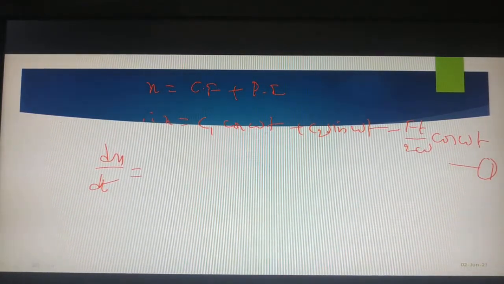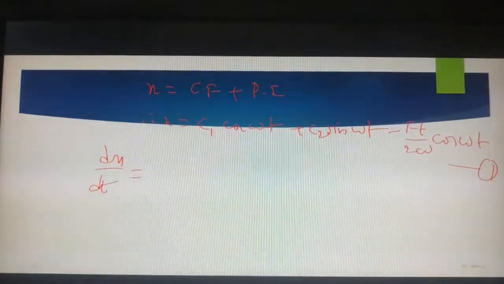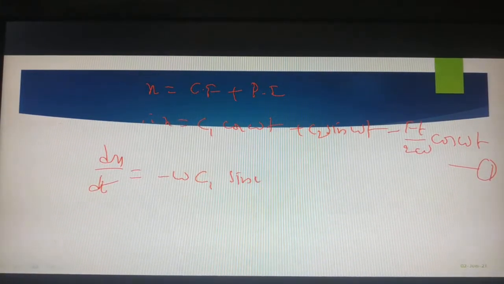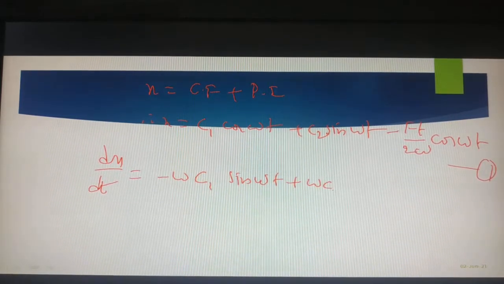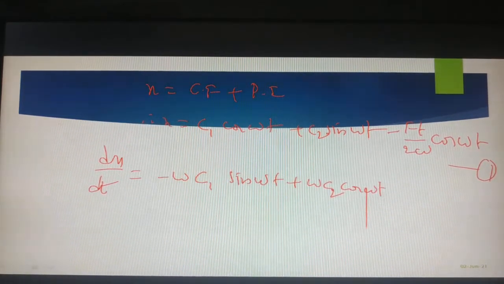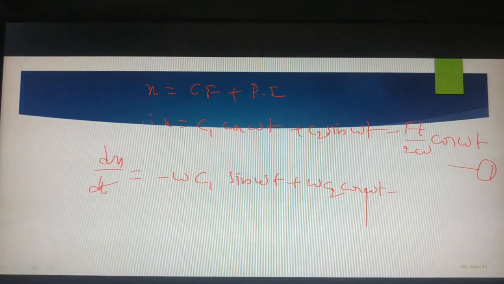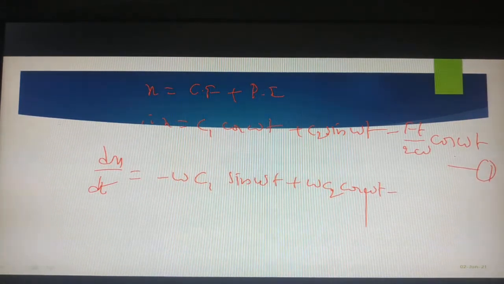So dx by dt: the derivative for cos omega t is minus w C1 sin omega t, and for this term, w C2 cos omega t. And this last one we can consider as f by 2w times t cos omega t.